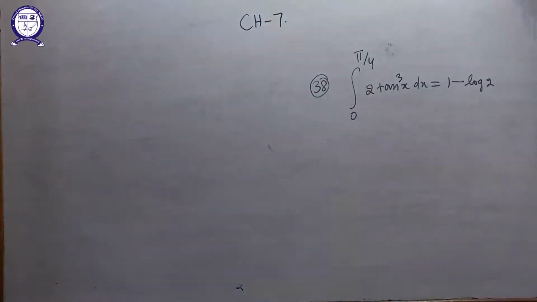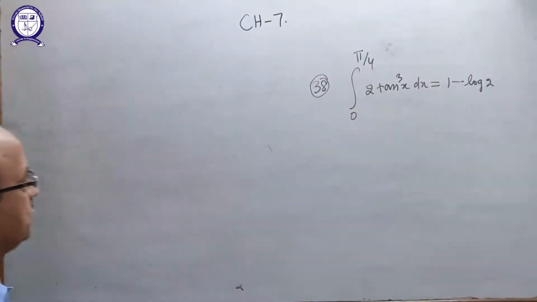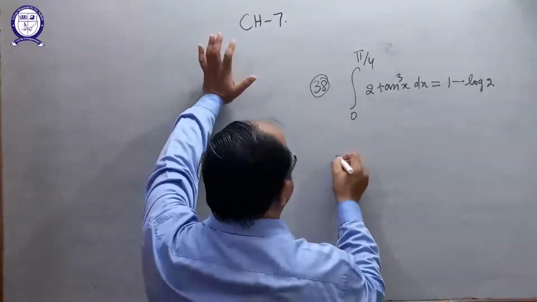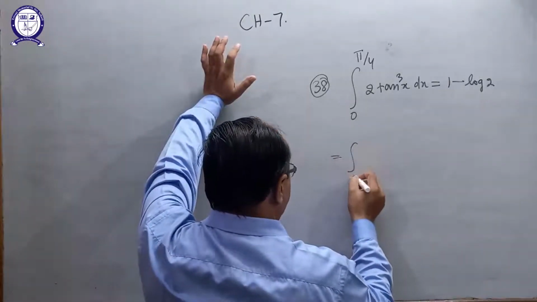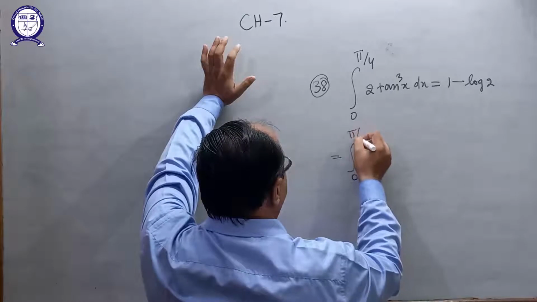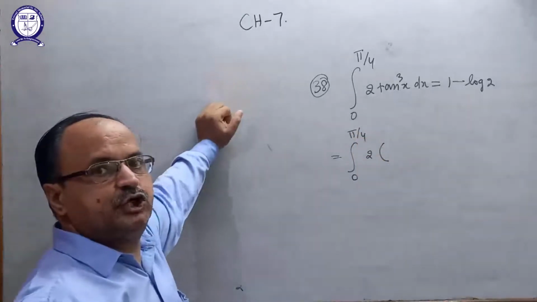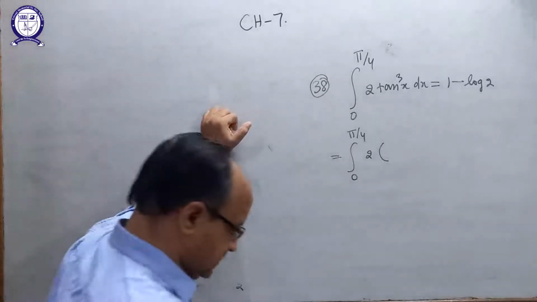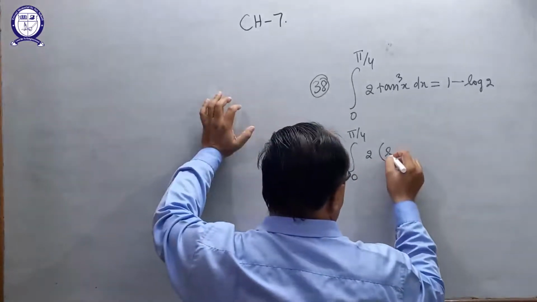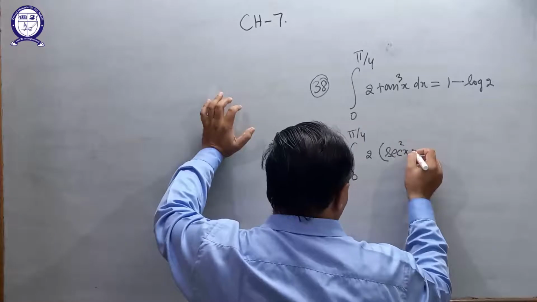Clear? Tan cube you can break, you can write it like this: integration 0 to pi by 4 of tan square x into tan x. In place of tan square x you can write sec square x minus 1.